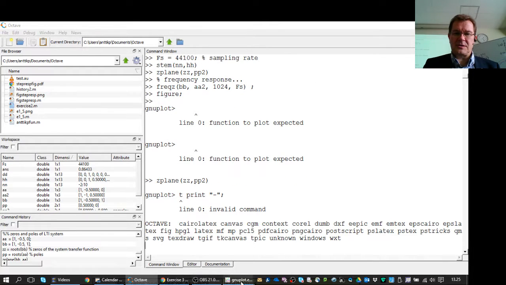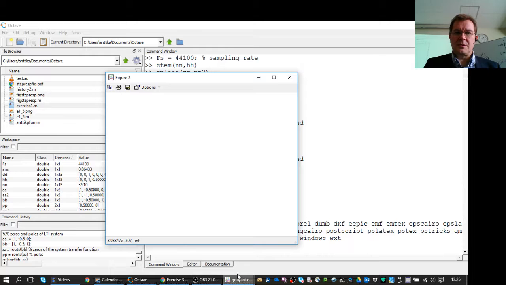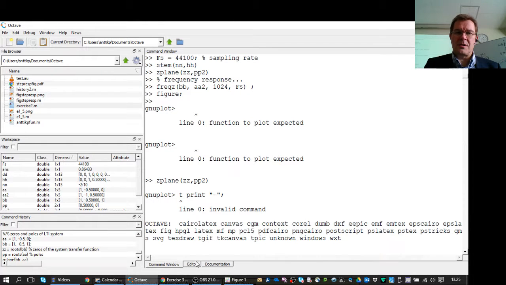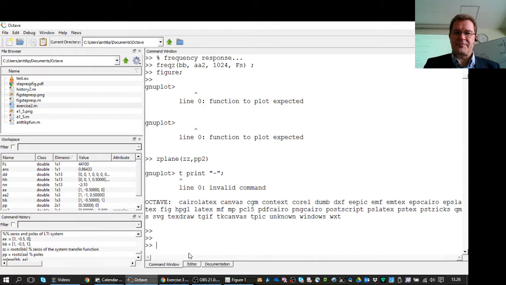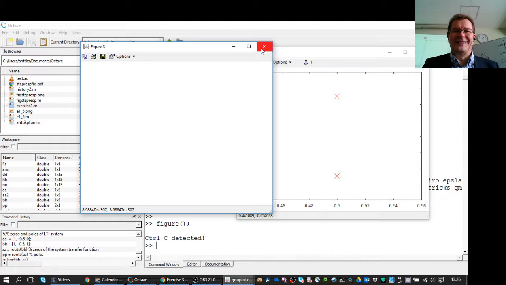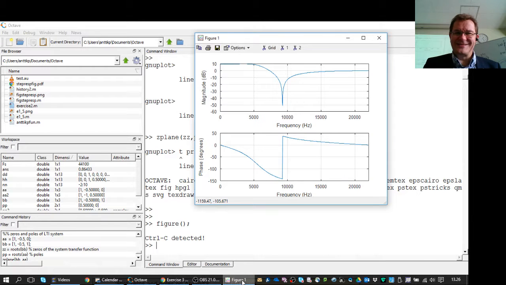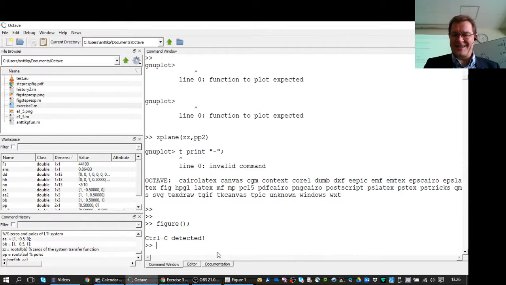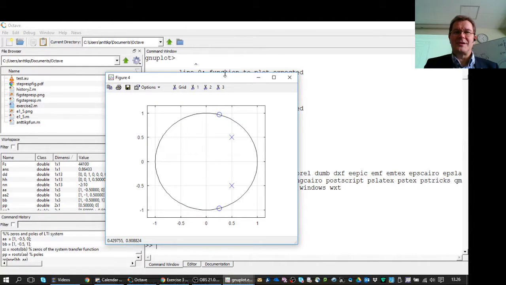Oh no, I think I broke my... Now I know what was going on. Figure and then the Z plane. When you call figure, remember the parentheses. Otherwise, it does give you some funny messages.